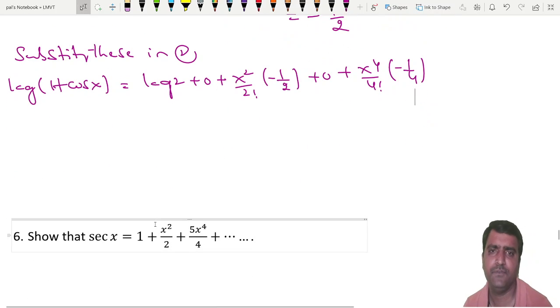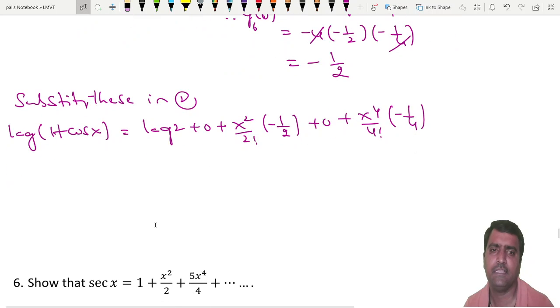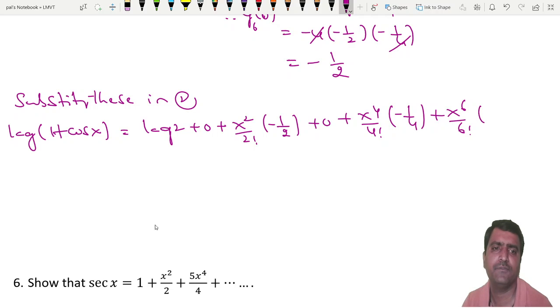And the last, y6 is minus 1 by 2, plus x to the power 6 by 6 factorial into y6 of 0, which is minus 1 by 2, plus and so on.